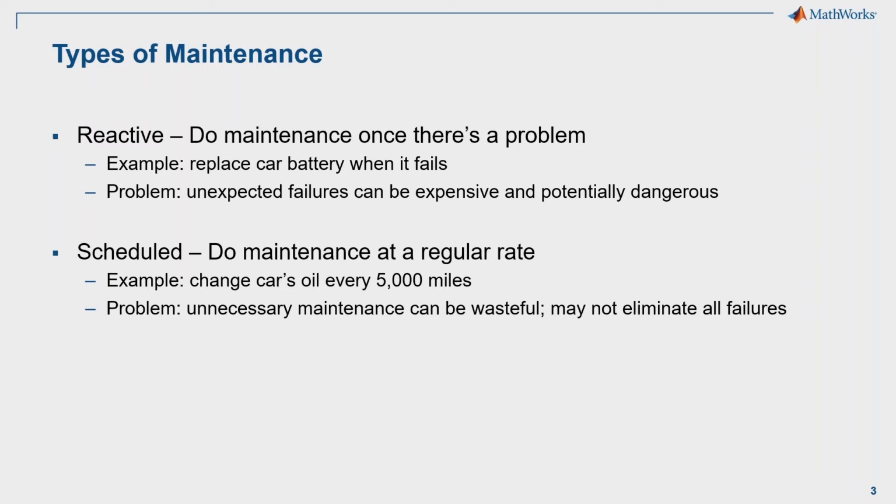Because it helps eliminate failures before they occur, but because it's just at a regular rate and not really responding to the individual situation, it can end up causing us to do a lot more maintenance than might be necessary, and there's no guarantee that it's going to actually eliminate all failures, right? We use some experience and some knowledge of the system to find some threshold or some rate to do that maintenance at, but it doesn't really respond to the real world happening.